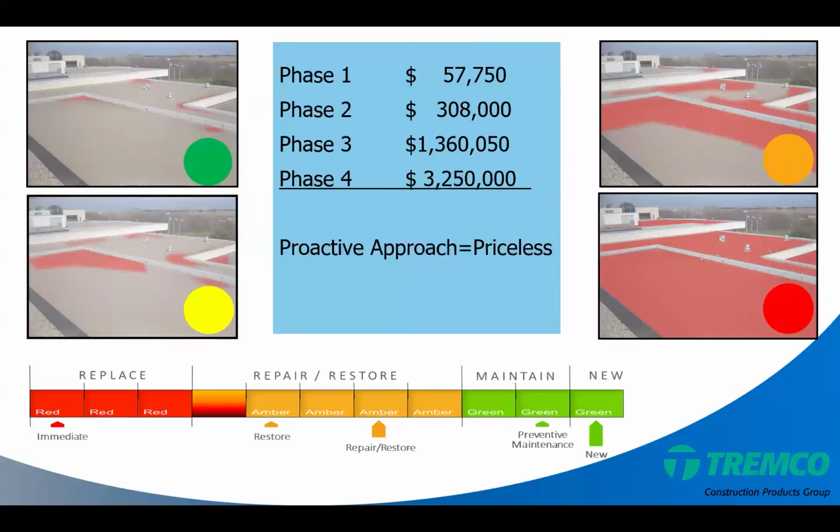And especially with school districts, where there are limited budgets and many times not the ability to have money to assess all the needs in a given period of time, knowing these phases or these conditions is a key component here. And keep in mind these colors, this isn't just a simple 2 or 3 color system.